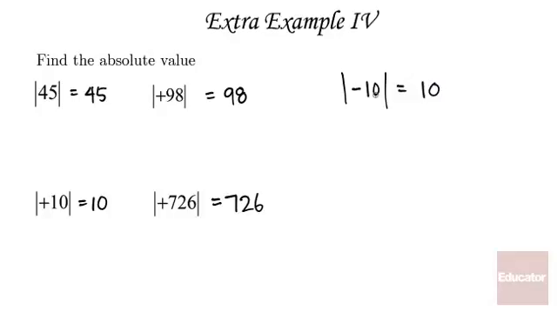Whether it's to the right or to the left, it's still 10 units. So if I have an absolute value of a negative number, then it becomes positive. We can never have a negative distance. Even if you find the absolute value of a negative number, it's still going to be positive, because you're just finding the distance.